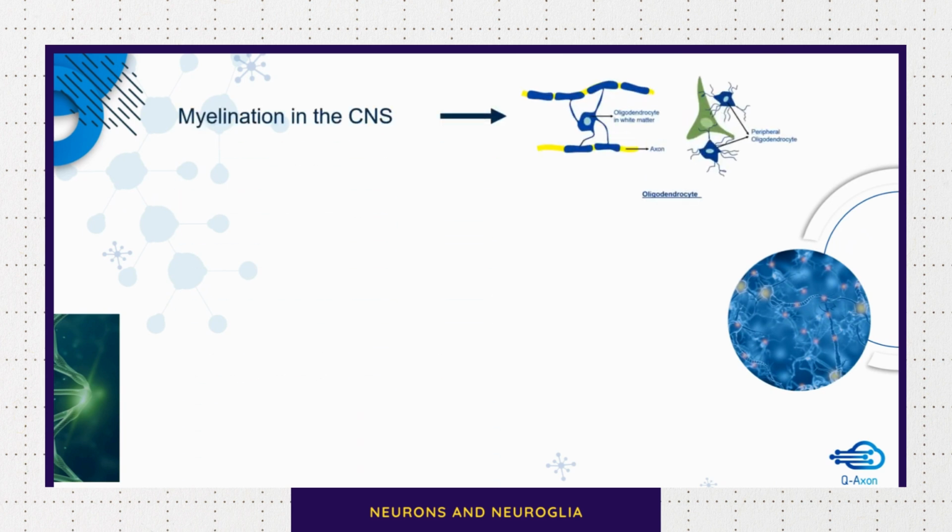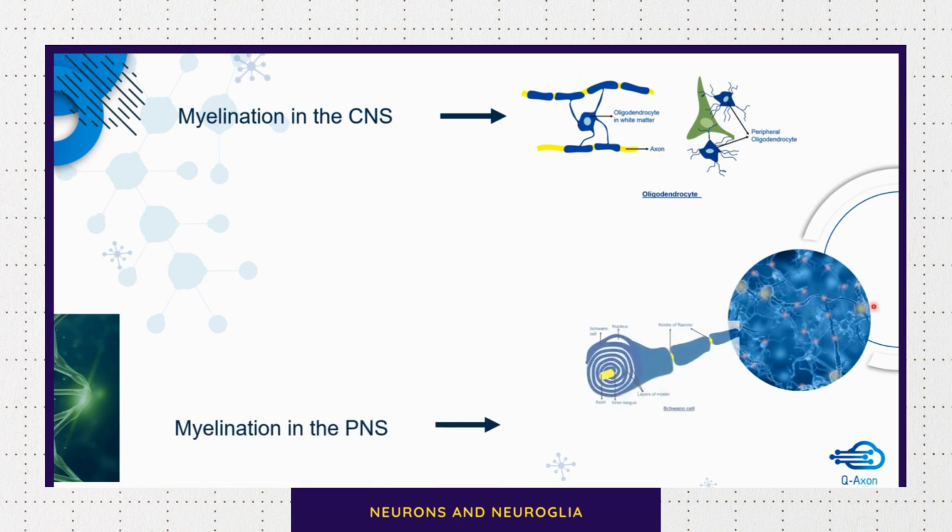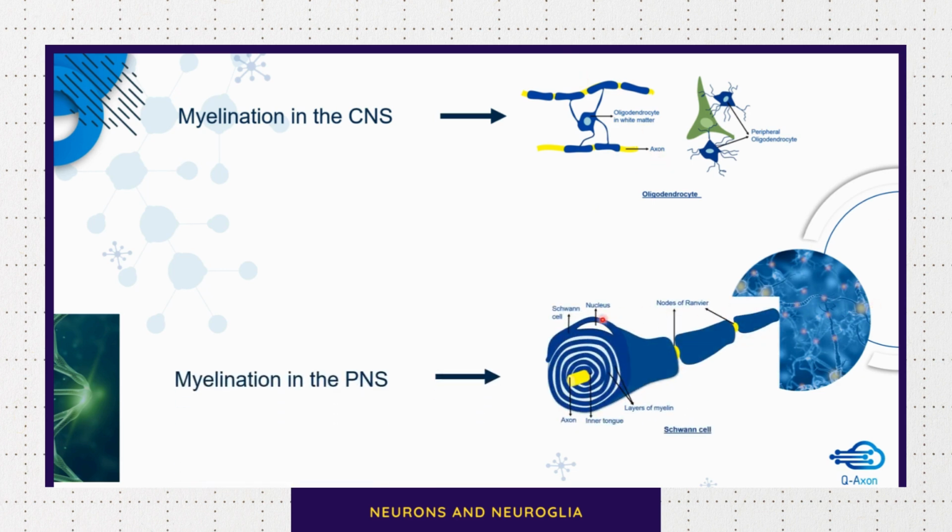Now, as you can see in this slide, in the central nervous system, there is an oligodendrocyte which myelinates many axons around it. And in the peripheral nervous system, it is the Schwann cell which myelinates a single axon. Now let's examine these processes in more detail.